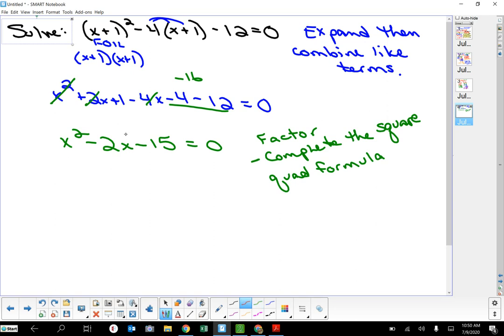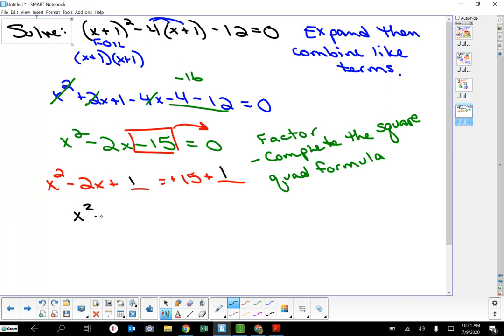All right, so I'm going to complete the square, which means I need to move this to the other side, put a blank in there. Oh, that becomes positive. In the blank goes 1/2 of b squared. 1/2 of 2 is 1. Squared is 1. So I get x squared minus 2x plus 1 equals 16.